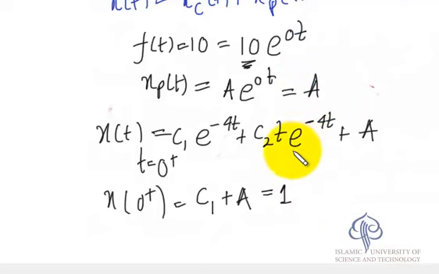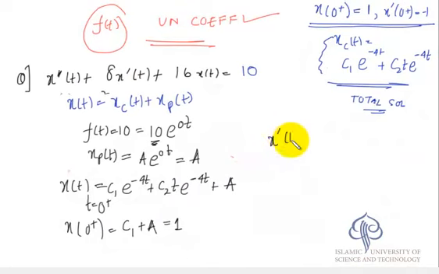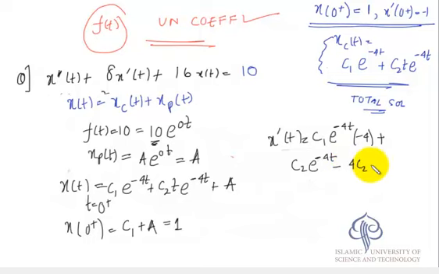then differentiate this. So x'(t) is going to be c1 e to the power minus 4t into minus 4 plus c2 e to the power minus 4t minus 4c2 t e to the power minus 4t.